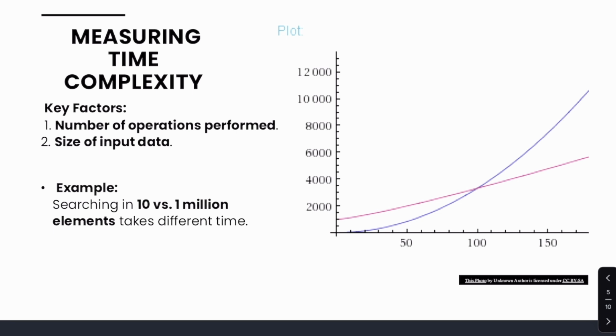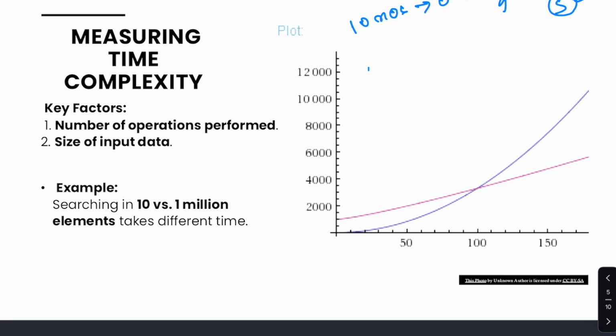Say you have 10 numbers, 0, 1, 2 up to 9. If you want to find the number 5, you have to check each number one by one. Here you will find 5 somewhere in there.